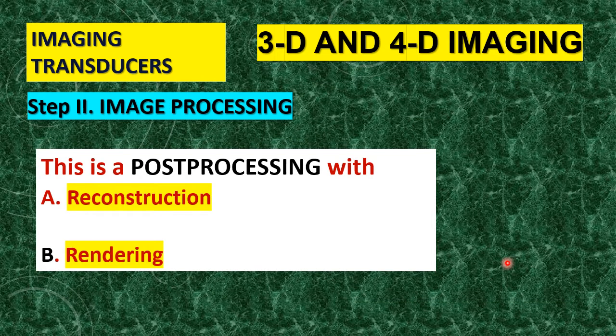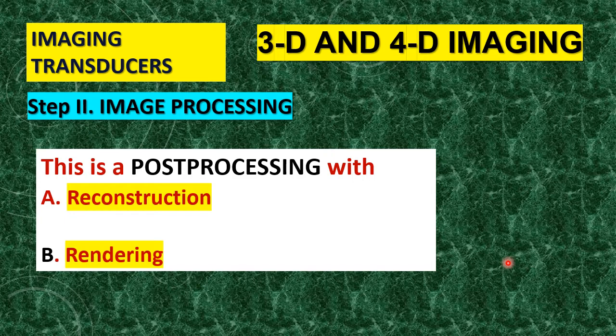So we finished sweeping. Now we come to the next point, which is called processing. Processing of 3D, we need to know that it's one of the techniques of post-processing. We'll come to this later on when I start to give lectures about the instrumentation. But as we know, in the processing, which is done in the scan converter, we have something called pre-processing, and we have post-processing.